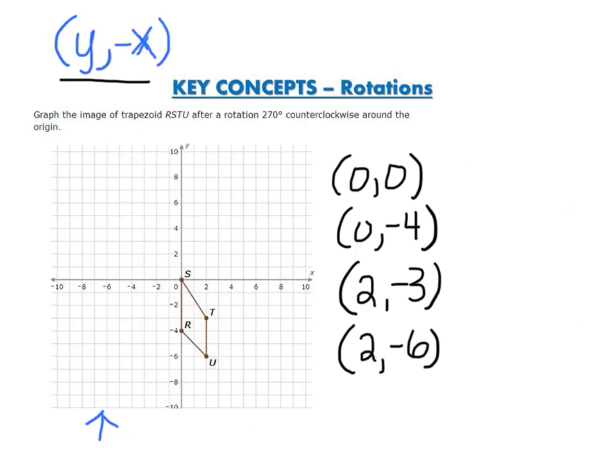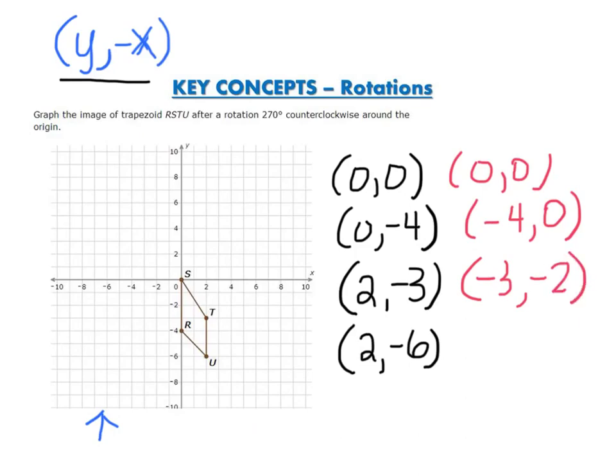So when I apply the rule of y, opposite of x, then I end up with 0, 0, negative 4, 0, negative 3, negative 2, and negative 6, negative 2. So we're going to graph those points.